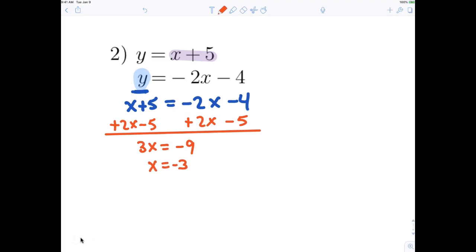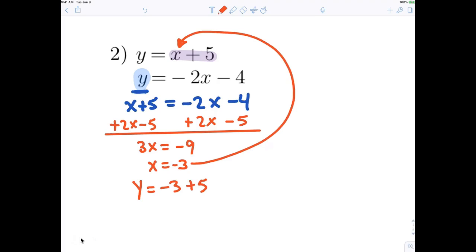Negative 3. Now, if you recall from Friday, we're trying to find where the two graphs intersect. So I have the X value. I'm now looking for the what? I'm now looking for the Y value. So I'm going to take negative 3 and I'm going to plug it in for X. So Y is equal to negative 3 plus 5. So Y is equal to what? 2. Y is equal to 2.